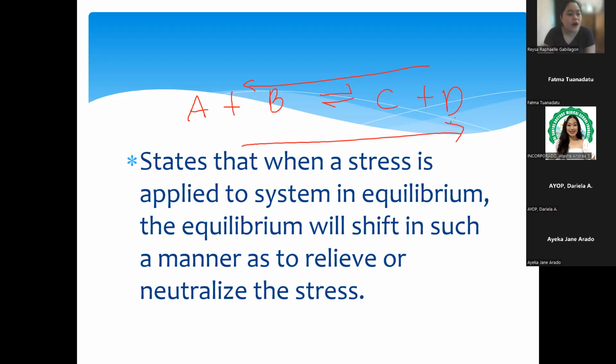Now, in Le Chatelier's principle, he was concerned about a stress in a system. Okay? Kung ang tao ma-stress, yung chemical reaction natin also, class, can experience stress. And if the chemical reaction experiences stress, that means equilibrium will be disturbed, and thus the equilibrium will shift in a manner to relieve or to neutralize the stress.